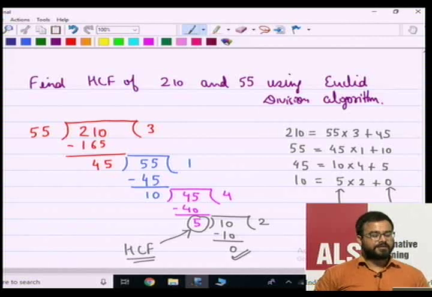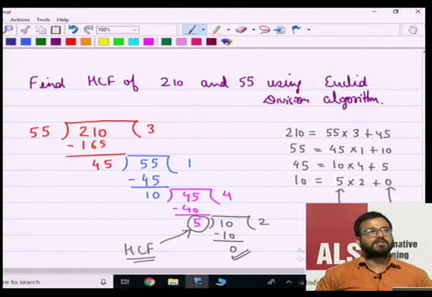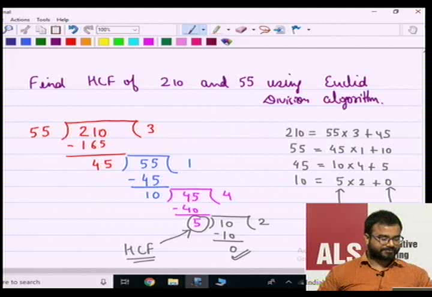All of you are getting it? In this method of finding HCF using the Euclid division algorithm, we have to perform the continuous division process until we get a 0. When we get the 0, whatever is the divisor in that step is the HCF of the numbers.